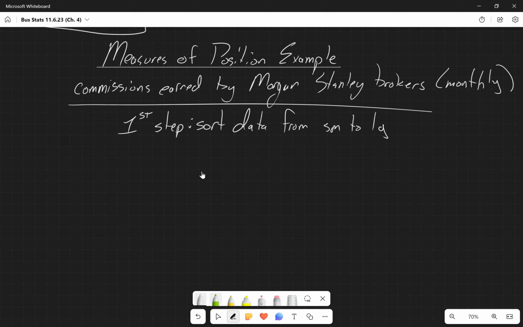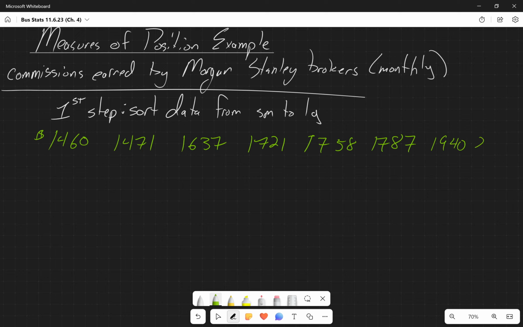And so doing that, we're going to find there's 1460, 1471, 1637, and so we have 15 here, right? We have 8 in the first row, 7 in the second row.